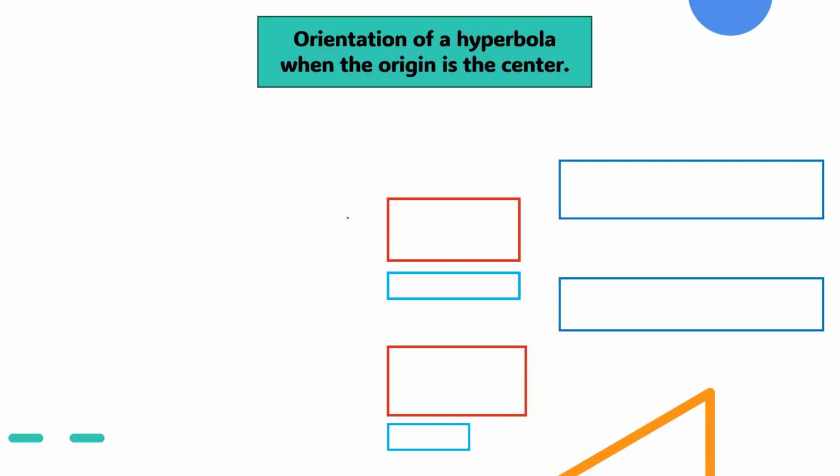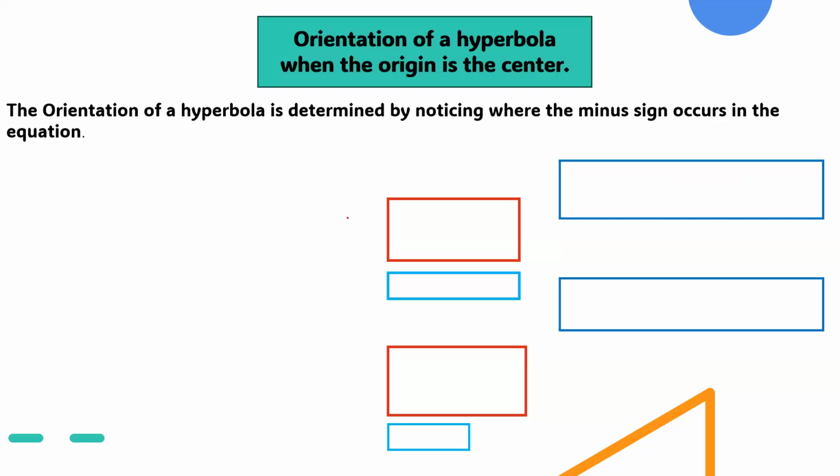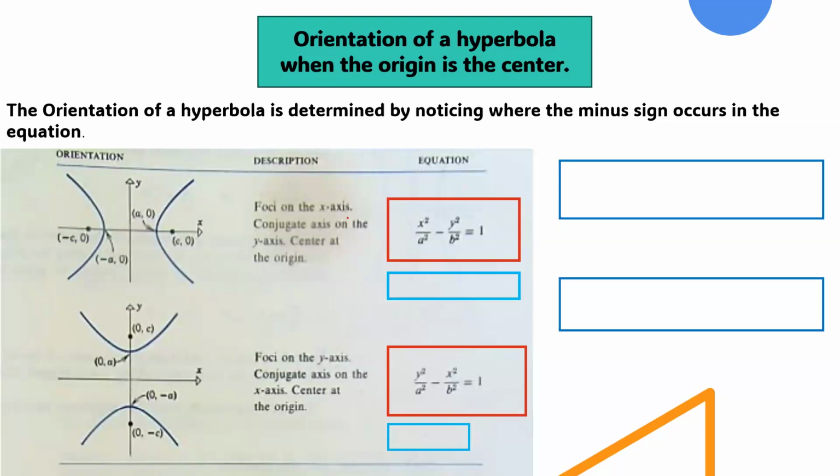Now we're going to look at the orientation of the hyperbola when the origin is the center. So the orientation of a hyperbola is determined by noticing where the minus sign occurs in the equation. So let's look at the first one here. We're seeing here that the foci are on the x-axis, or on the transverse axis. Therefore, the conjugate axis is the y-axis, and the center is at the origin, (0, 0).